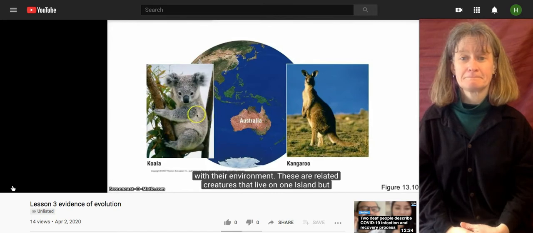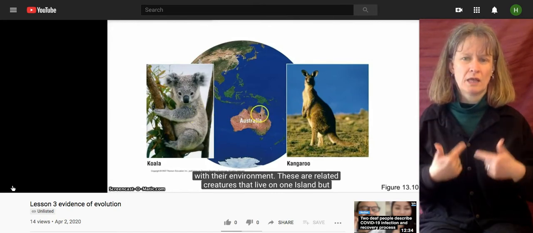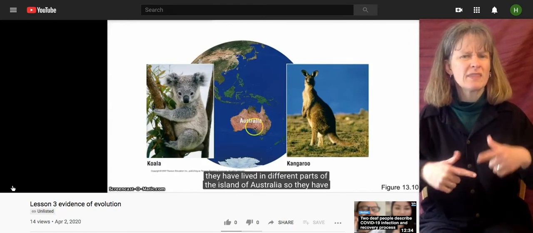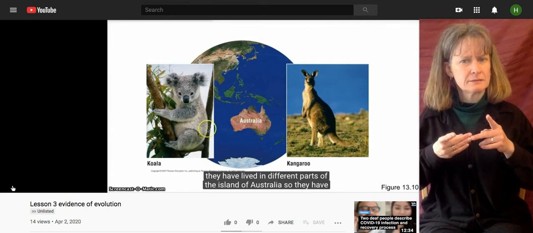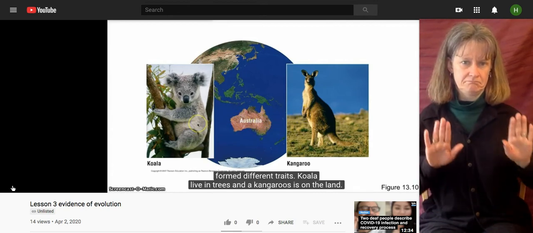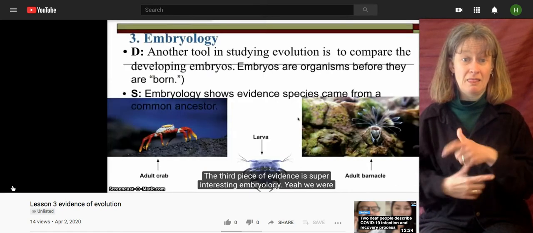These are related creatures that live on one island, but they live in different parts of the island of Australia, so they have formed different traits. Koalas in the trees, kangaroos on the land.